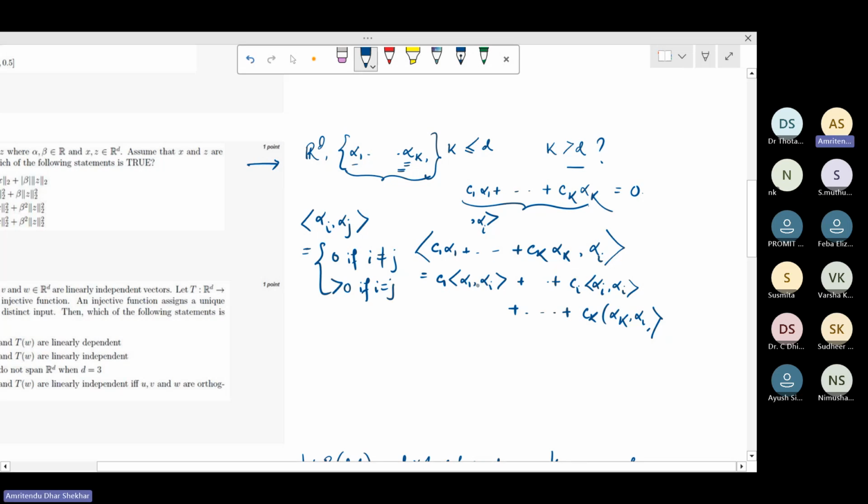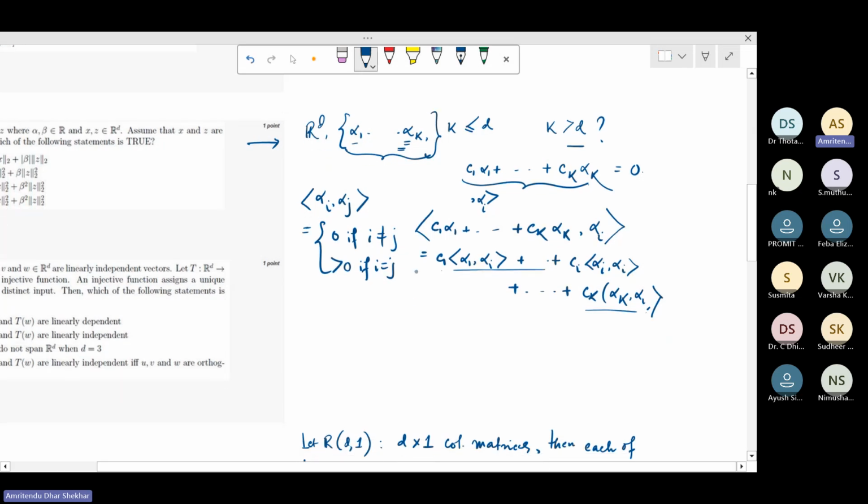So if you take this, then all of these terms would vanish, the ones not equal to i over here and the ones not equal to i over here. And you get Ci times the inner product of alpha i with itself, which is equal to the norm of alpha i squared.